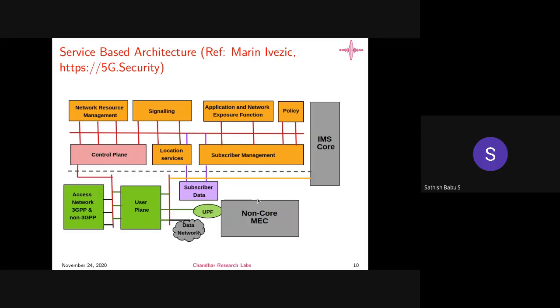So this is mostly an industry standard. MEC is nothing but mobile edge computing. Right now in our network architecture we are just ignoring it, but if you are looking from an industry oriented point of view, then this mobile edge computing plays an important role.